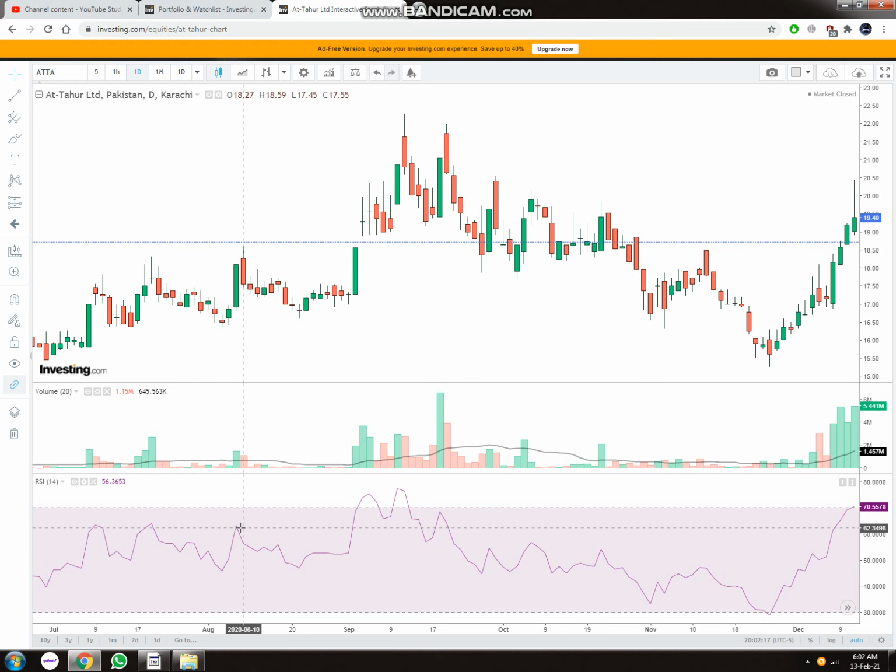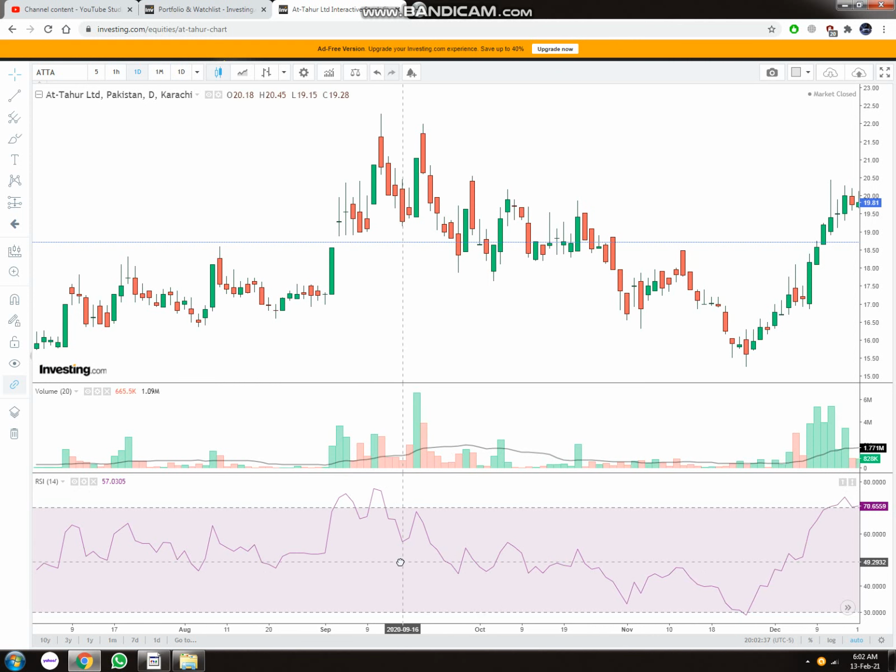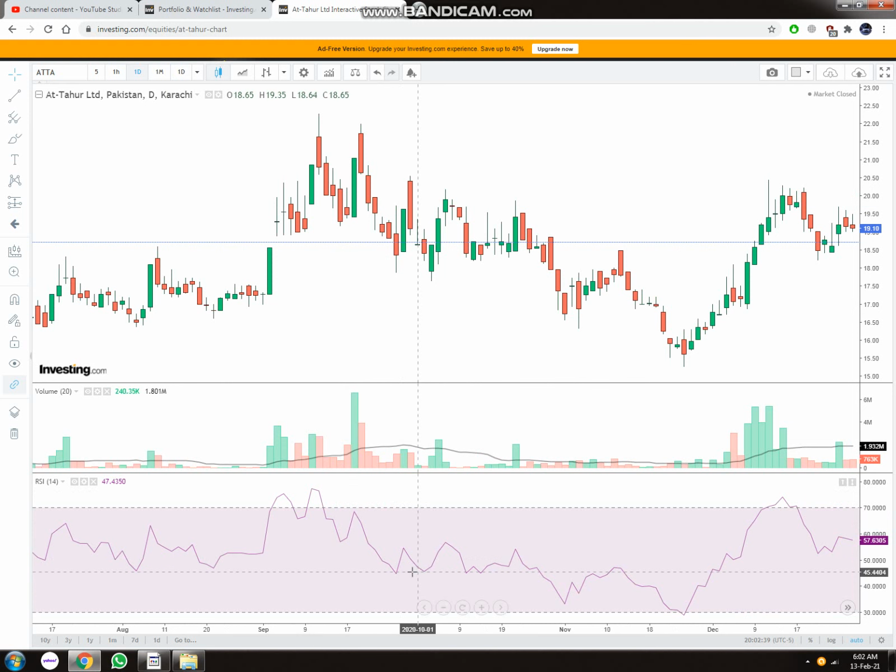Again do the same. In this way you can take small profits from it, and from this area, as again it is an oversold area, go long at this level and the trend will move upward, and so it did. These are some small techniques to make quick profit in the stock market.